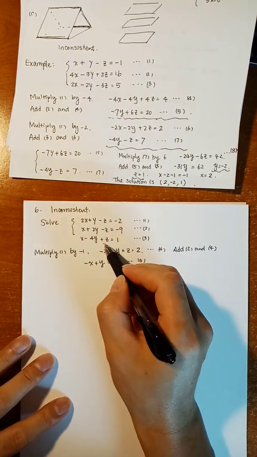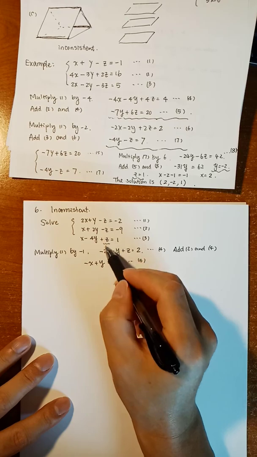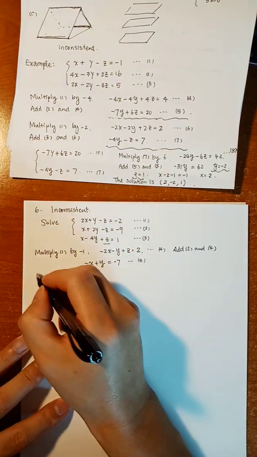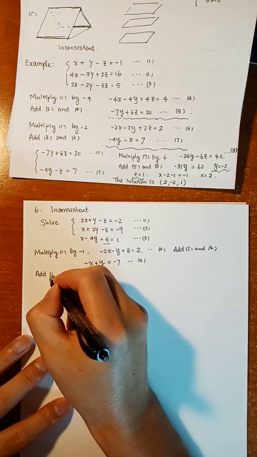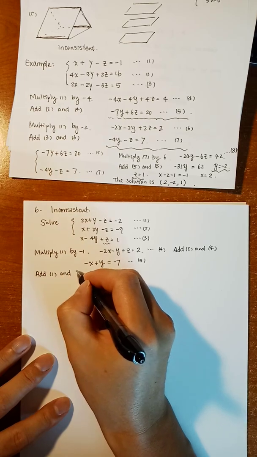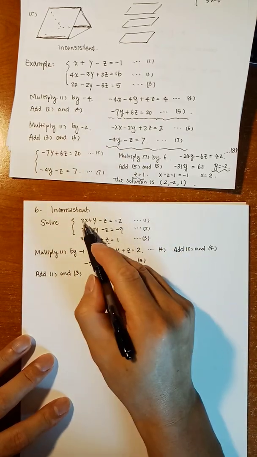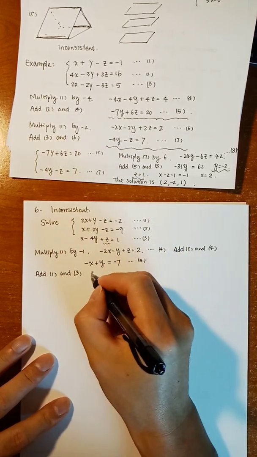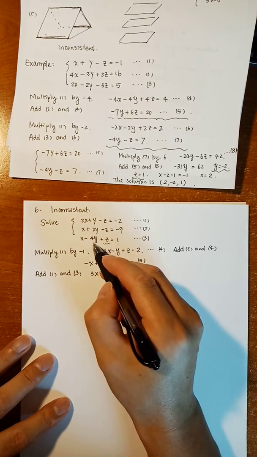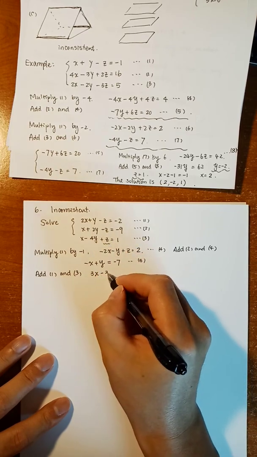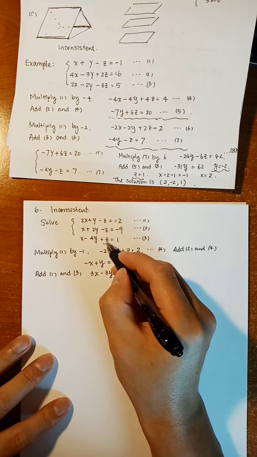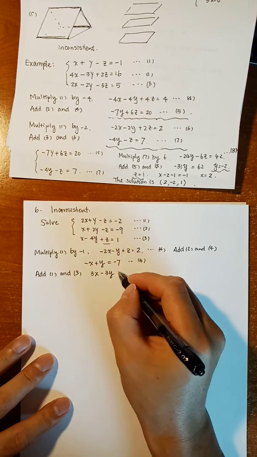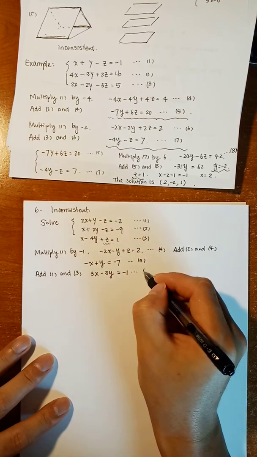And I will also want to cancel this z. This z is easy, we just directly add. So we add equation 1 and equation 3. We get 2x plus x, 3x. y plus negative 4y, negative 3y. Negative z plus z cancelled. Negative 2 plus 1, negative 1. This is equation 6.